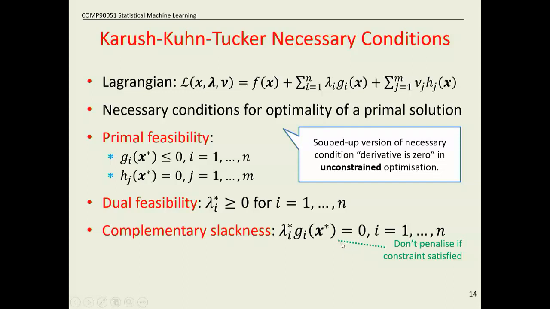So if the constraint is satisfied, g will be negative or zero, in which case we're happy either way, so we want to set lambda to be zero. If g happens to be zero, we don't need to set lambda to zero. It's fine if it's greater than zero. So that's the idea.